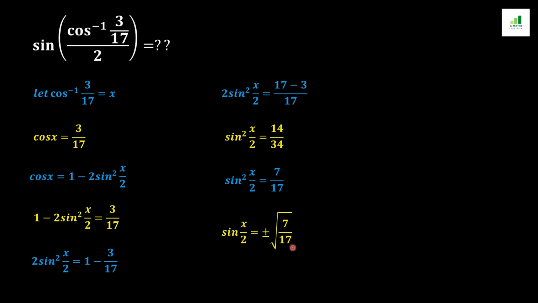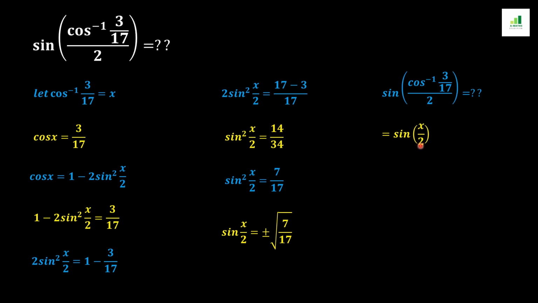Now in the next step we should take this condition, which is sine of (cos inverse 3/17) over 2. And from our supposition, as we know that cos inverse 3/17 is equal to x, here we replace this value with x. As a result, we will get sine x by 2.